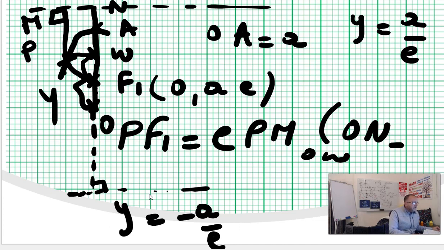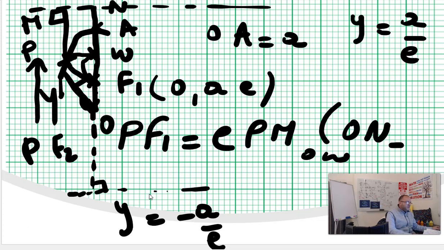If you take PF2 and you deal with a reference, this directrix up there, PM, that's going to be way bigger. PF2 is going to be bigger than PM. So that's why you have to deal with PF2 and this M prime here. Okay? So this way, your WN prime equals Y plus A divided by E.